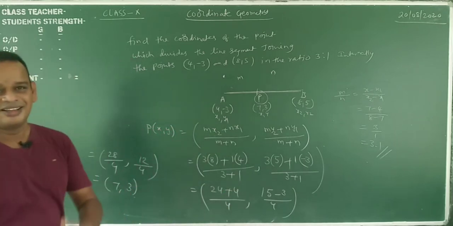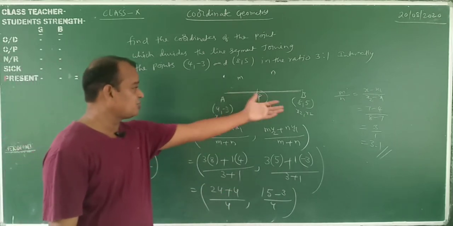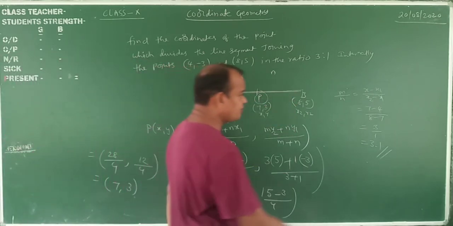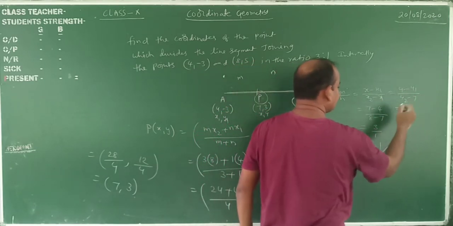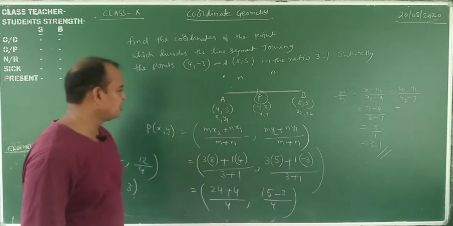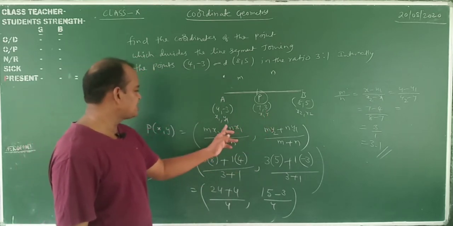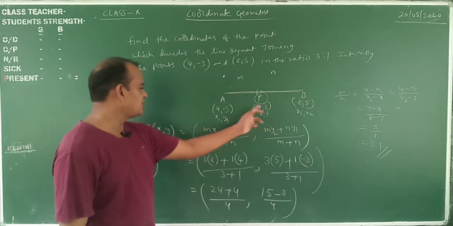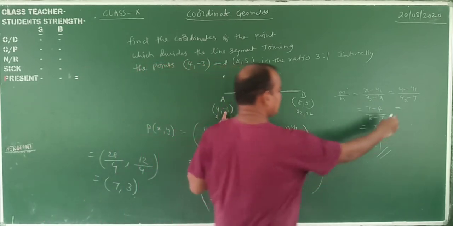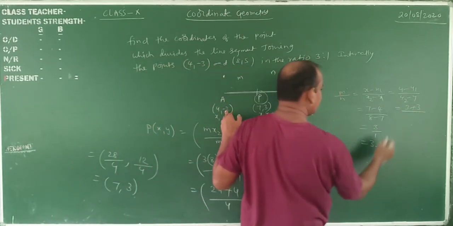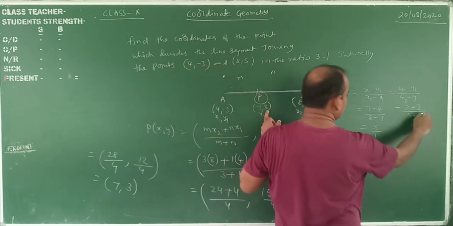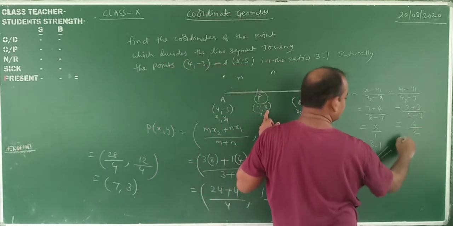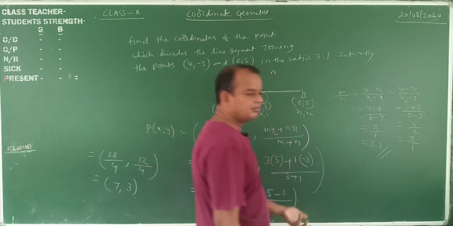Simple. First of all, the point is given, find the ratio. Or otherwise, another formula is also there: (y minus y1) by (y2 minus y). Substitute: 3 plus 3 by 5 minus 3, 6 by 2, 3 by 1, means 3:1.